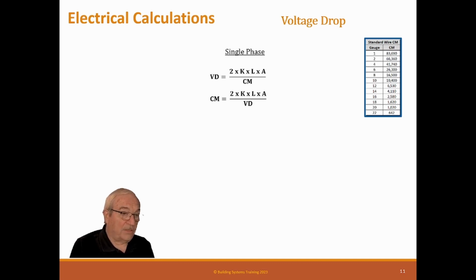The 24 volt wire from that transformer to that controller, it's very important that it be sized correctly. And the design engineer of the project doesn't do that. That's designed by the control contractor. So we need to figure that out.